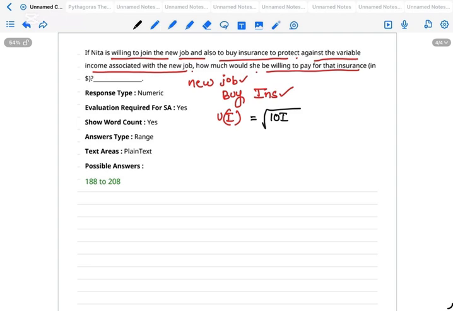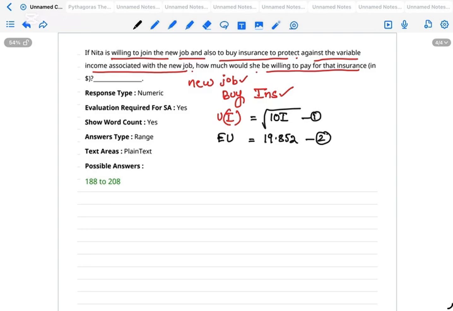The expected utility equals 19.852, the second equation.